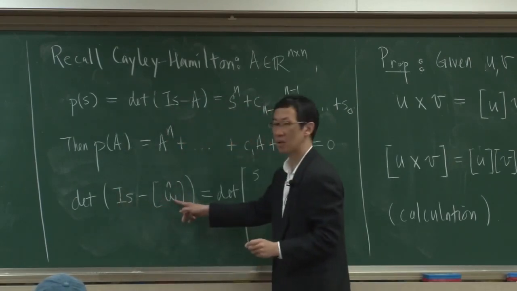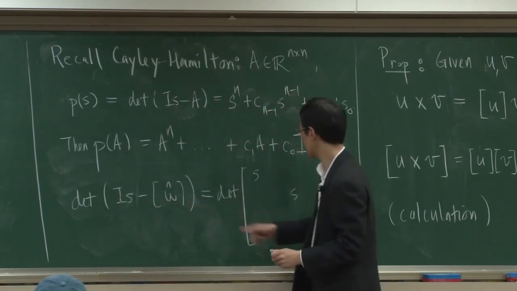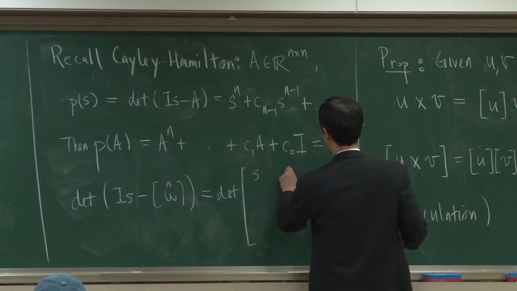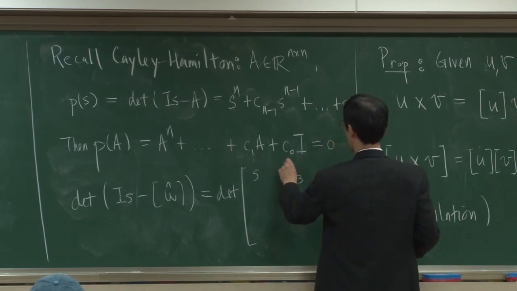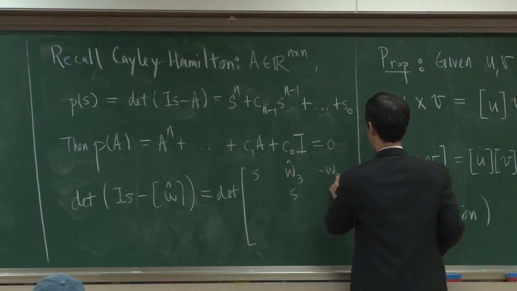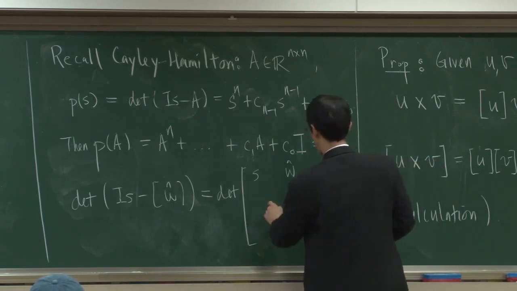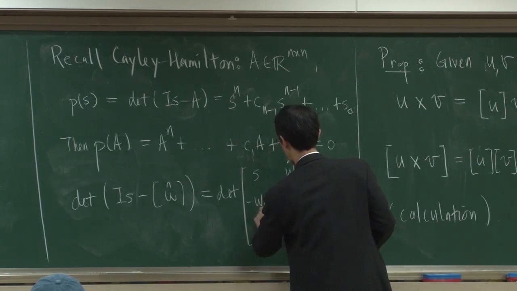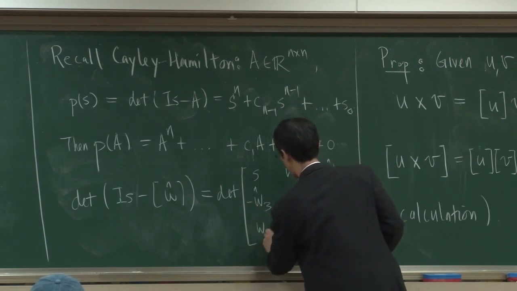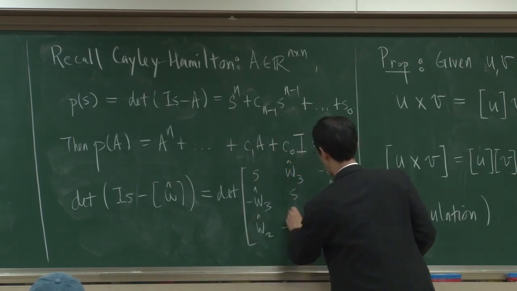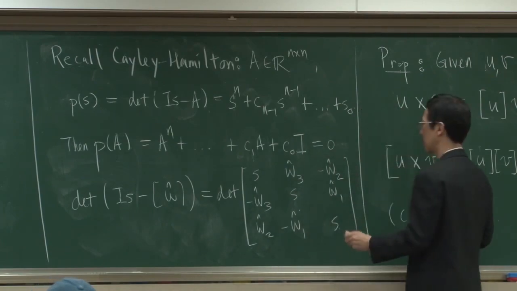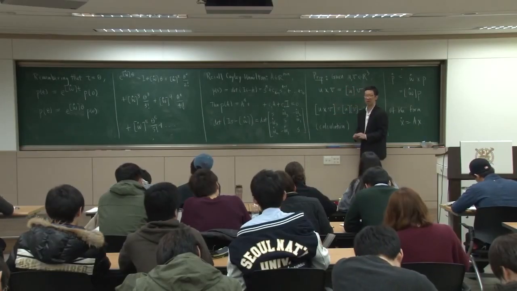Now we subtract omega hat, the skew symmetric matrix. So we'll have an omega 3 here, minus omega 2 here, and a plus omega 1 here. And over here we'll have minus omega 3, plus omega 2, minus omega 1. So this is the matrix whose determinant we want to evaluate.